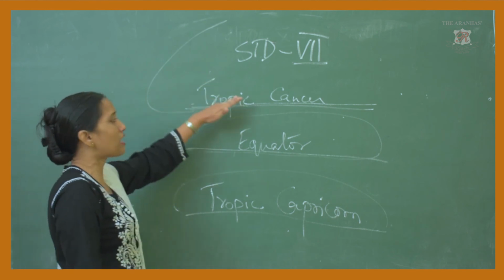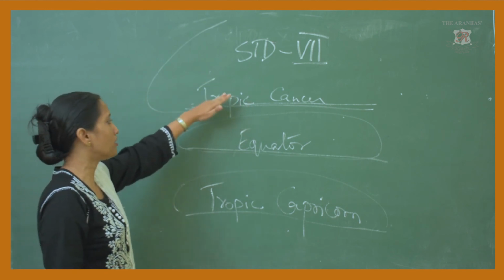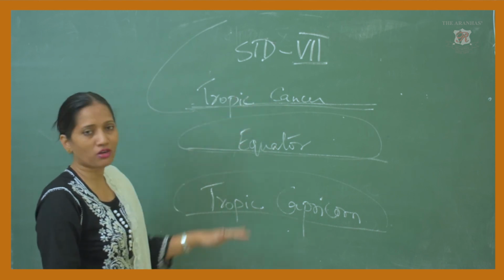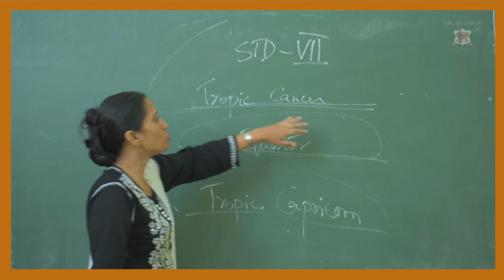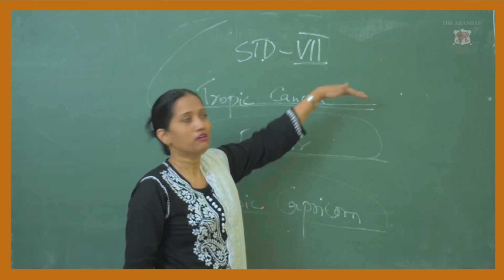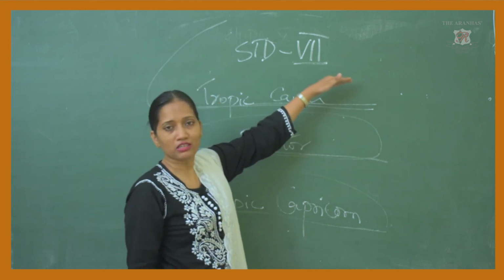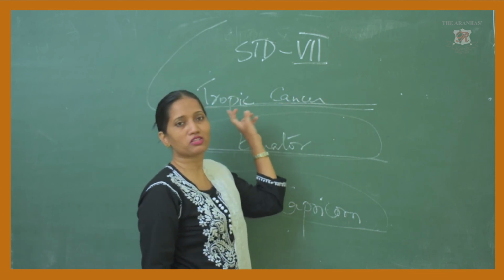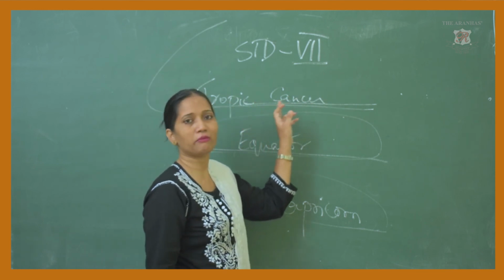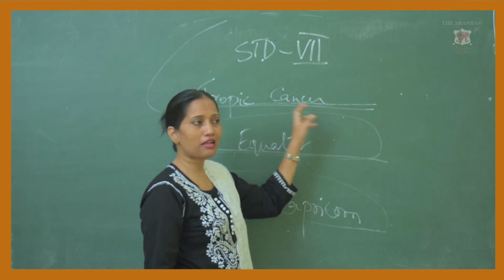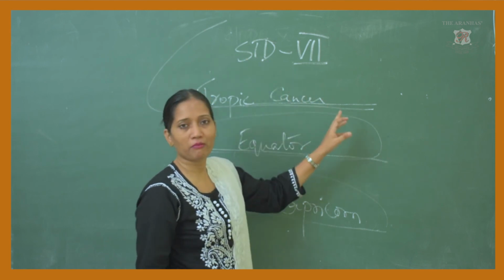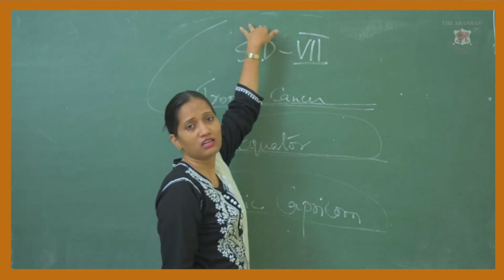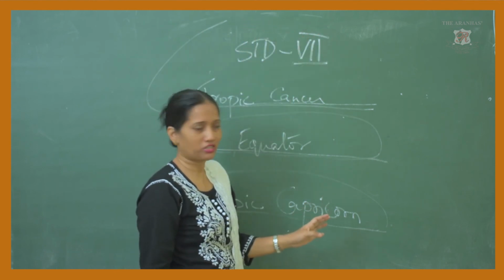So whatever climatic condition or features the Tropic of Cancer has in this part of the world, we'll also find on the other side of the continent. If this side of the continent is experiencing a hot climate, cold climate, rainy climate, or very cold climate, the same thing would be experienced on the other part of the continent.